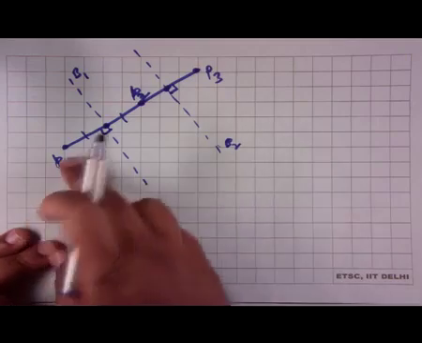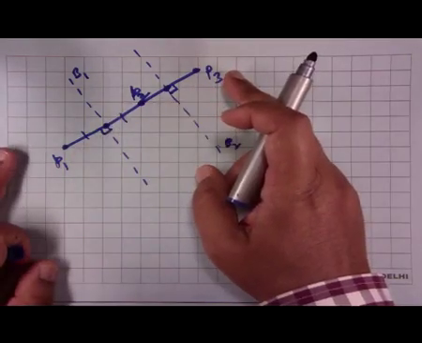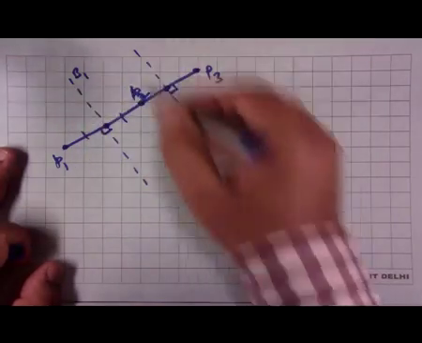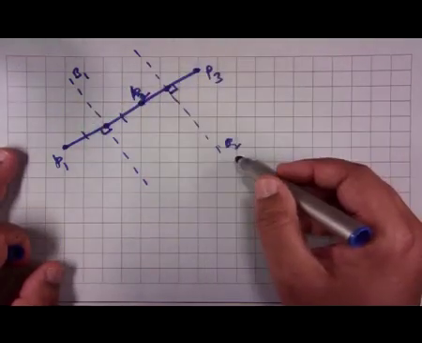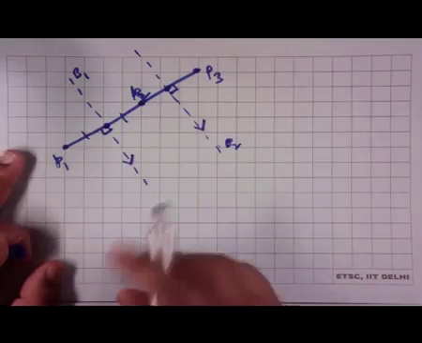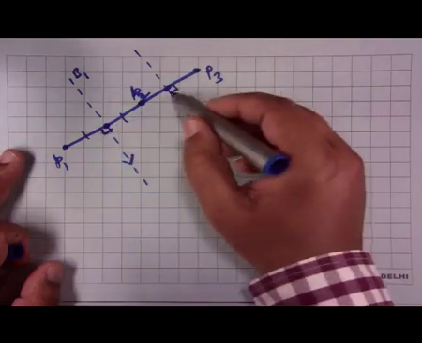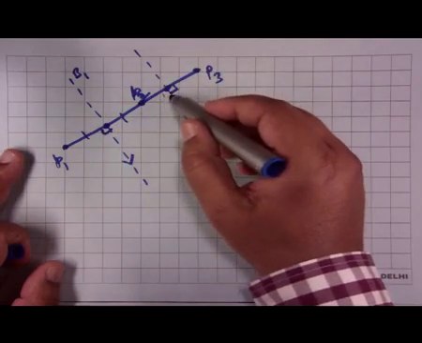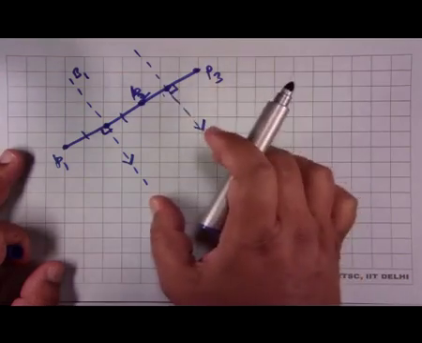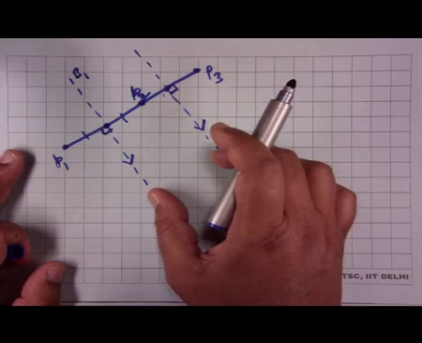But because P1 P2 P3 lie on the same straight line, it is very easy to see that both the perpendicular bisectors are parallel to each other, because we have a straight line here and this is 90 and this is also 90, and hence these two perpendicular bisectors are parallel, and therefore they will never intersect.